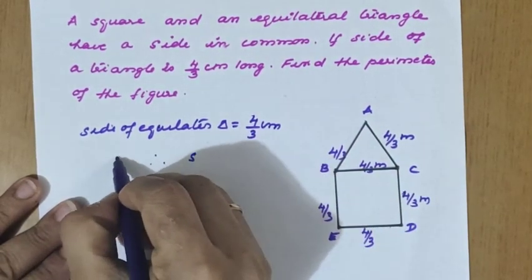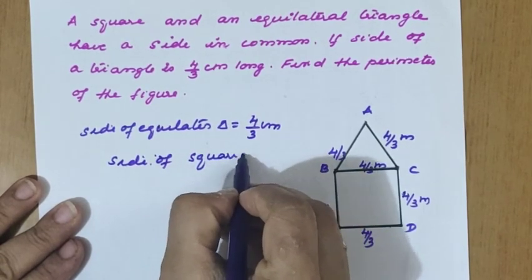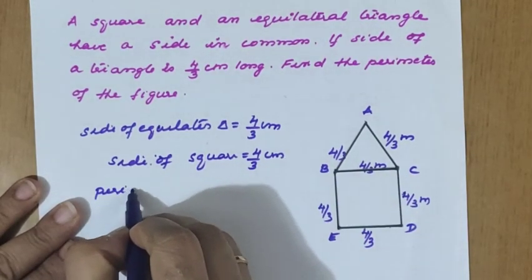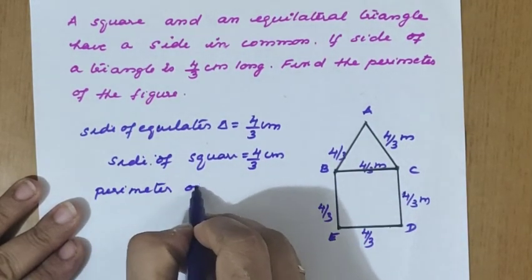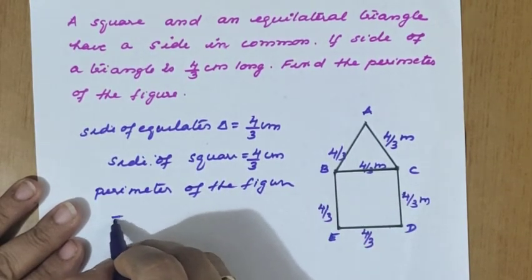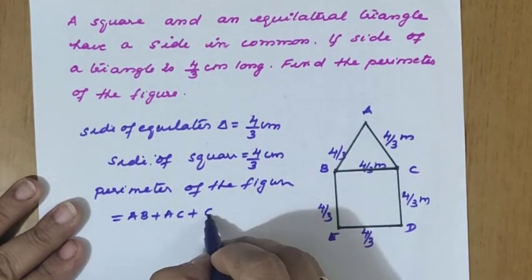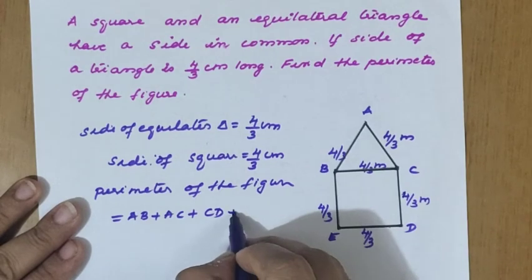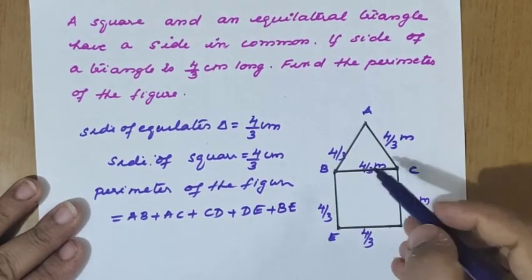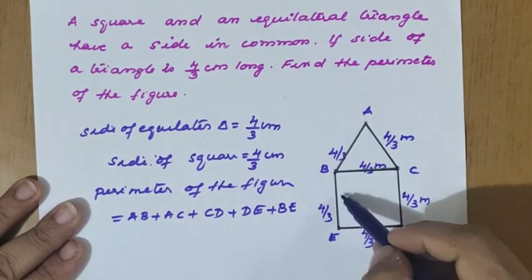Therefore, side of the square is equal to 4 by 3 centimeter. Now, perimeter of the figure is equal to AB plus AC plus CD plus DE plus EB.